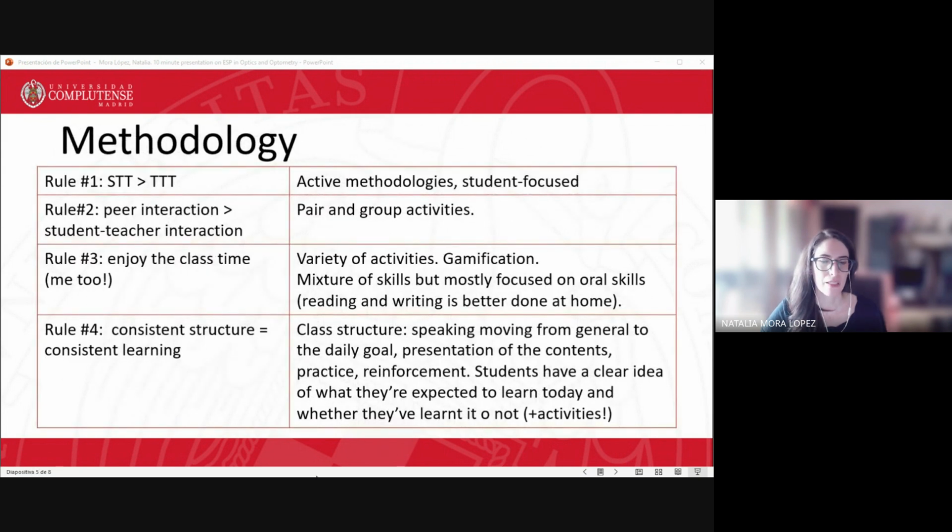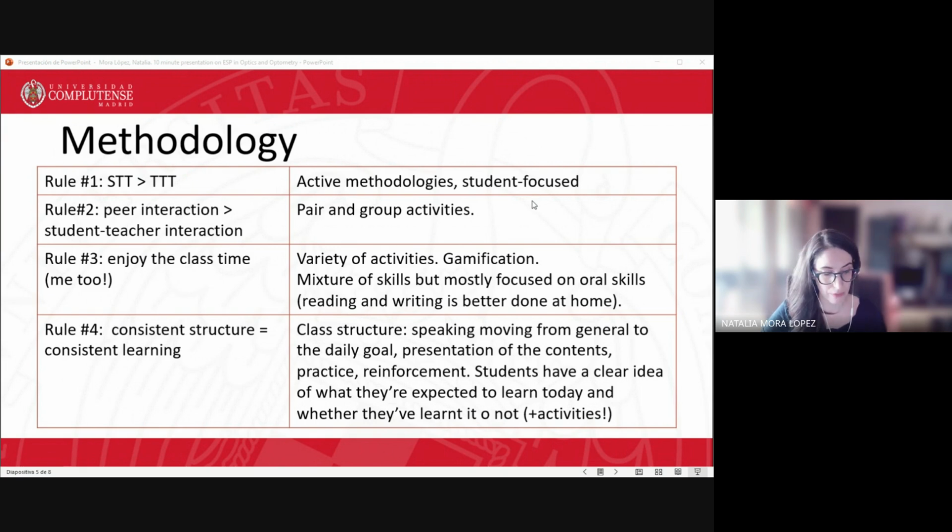Okay, regarding the methodology that I use, I've written four rules that I think are quite basic in my case. So the students' talking time should be longer than the teacher's talking time. To do so, I follow active methodologies, student-focused methodologies. So it's the students who are going to be doing something actively.